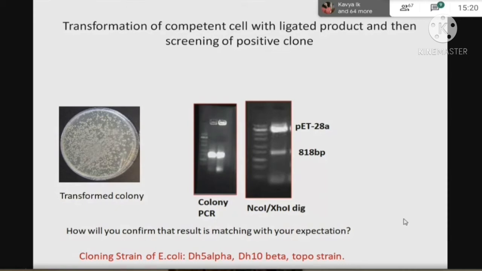That's why we use an E. coli strain which has a compromised restriction modification system. It will easily take your foreign DNA. Otherwise, it will reject it, cleave it, chew off your DNA. So you have ligated your insert with the vector, you have a very small amount of it and it will go inside the E. coli, and E. coli will cleave it. So you will not get colonies.